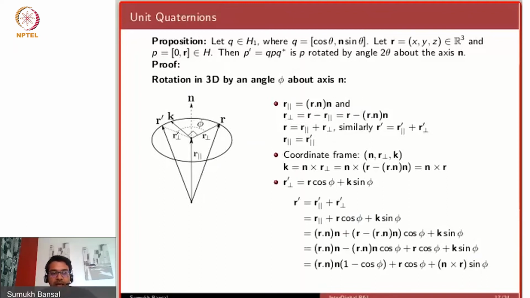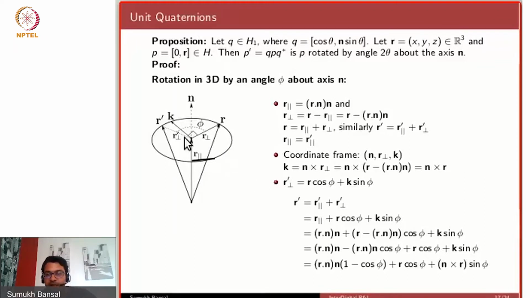So r parallel is just the projection of vector r onto the vector n. So this is r parallel, and r perpendicular is r minus the parallel component, which is this component over here. So you can write r as the sum of these two components.